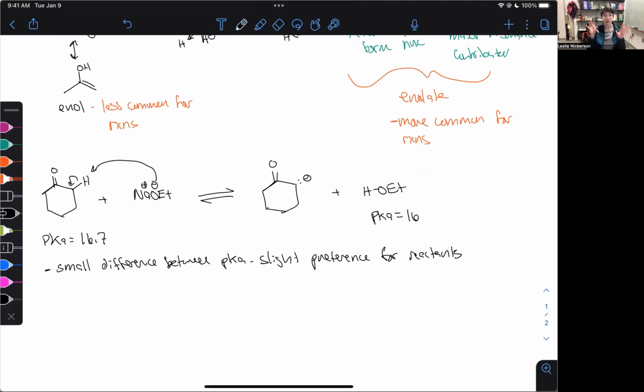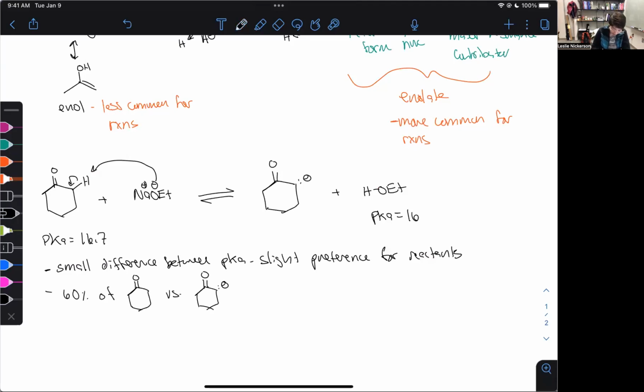So if they were completely even, we'd have basically 50-50. So essentially what we have is about 60% of our ketone present versus about 40%-ish of our enolate.